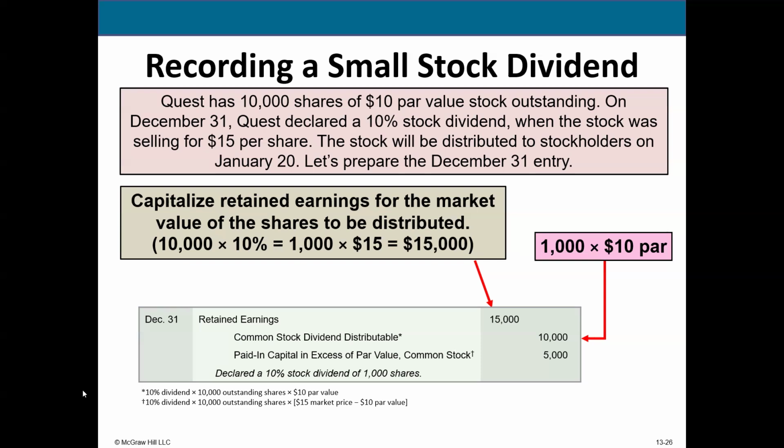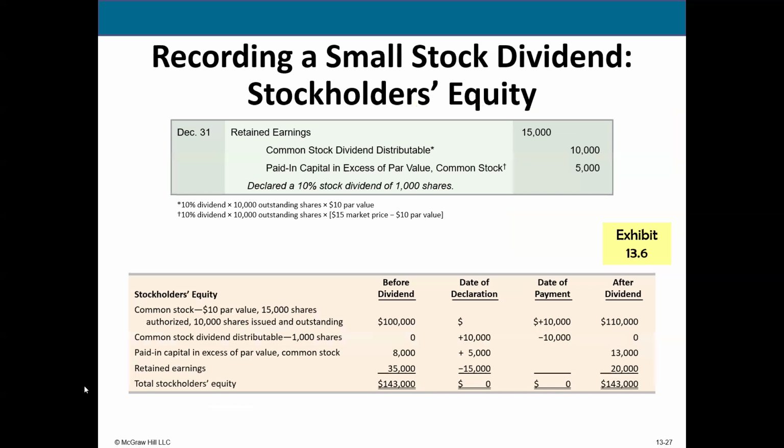I want to show you what this looks like, and how it's eventually paid out. So we made the recording, debited retained earnings, credited common stock dividend distributable or payable, and credited paid in capital in excess of par.